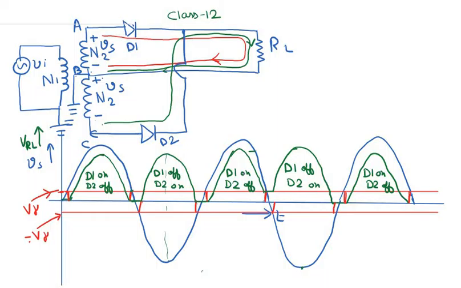Since the output voltage is positive almost during the entire cycle of Vs, this circuit is known as a full wave rectifier.